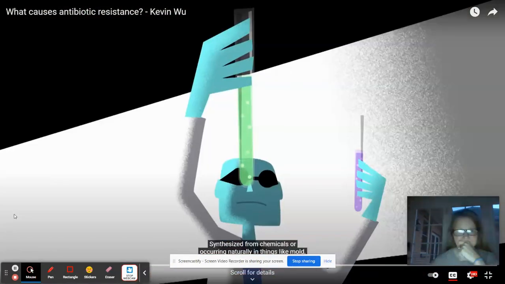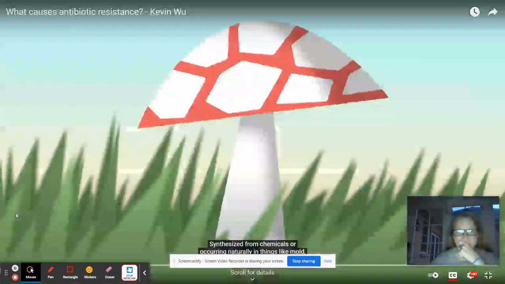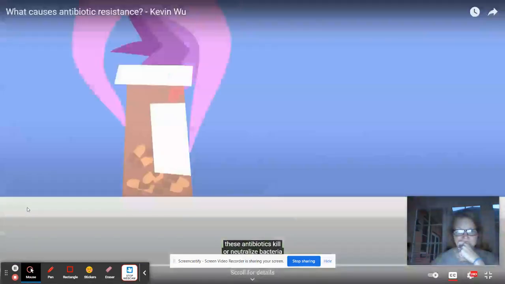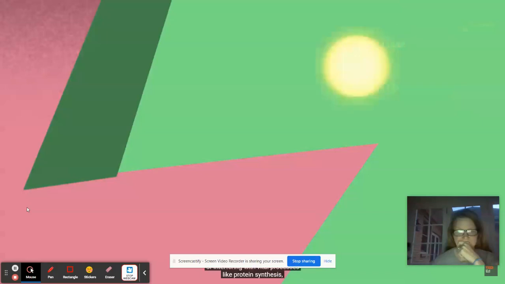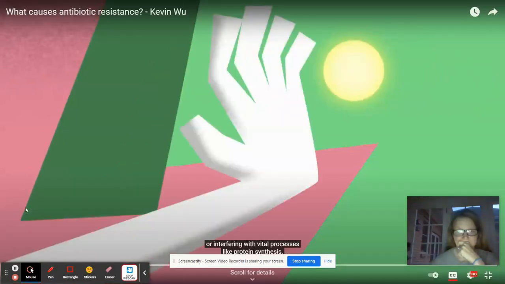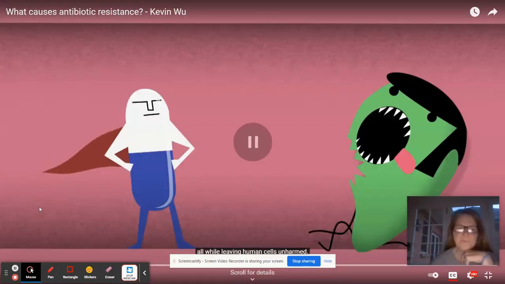Synthesized from chemicals or occurring naturally in things like mold, these antibiotics kill or neutralize bacteria by interrupting cell wall synthesis or interfering with vital processes like protein synthesis, all while So, antibiotics are only used for bacterial infections.